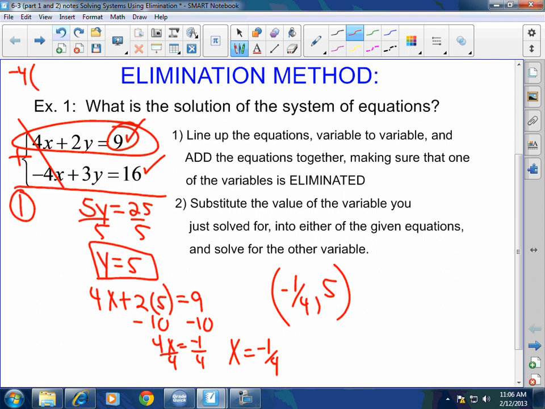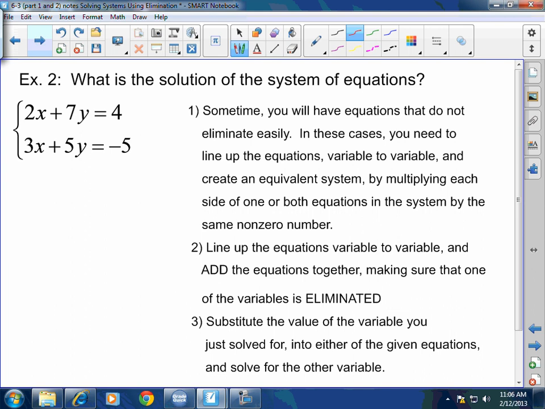Negative 4 times x, which is negative 1/4, plus 3 times y, which is 5. What's negative 4 times negative 1/4? 1. What's 1 plus 15? 16. It works. So you can check these just like you can check substitution. Does that make sense? All right. Okay, let's do this.